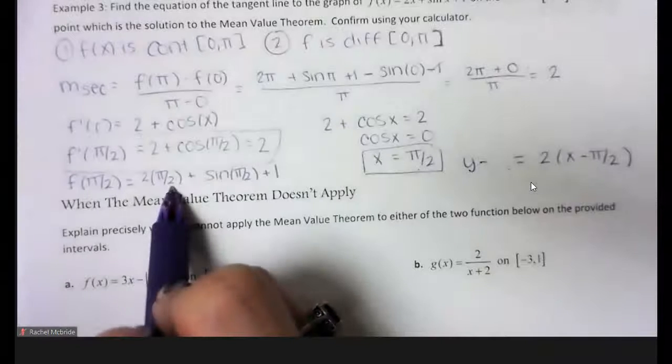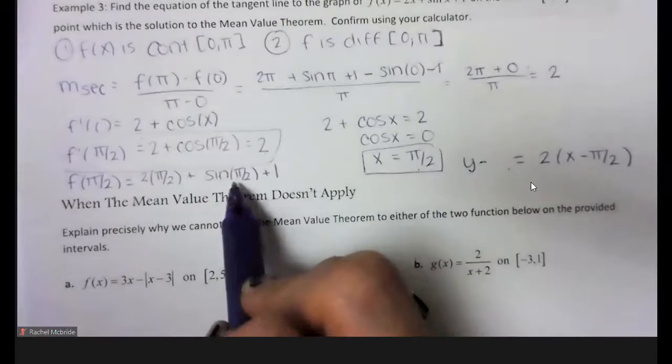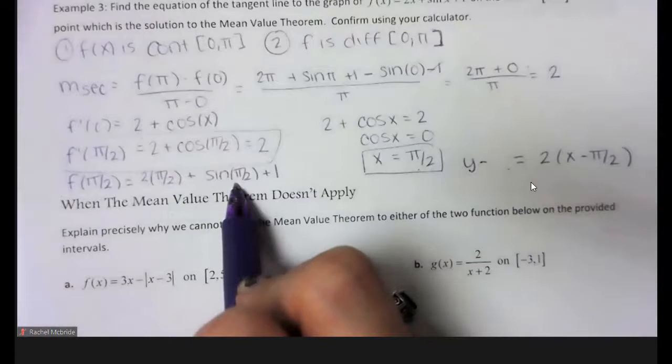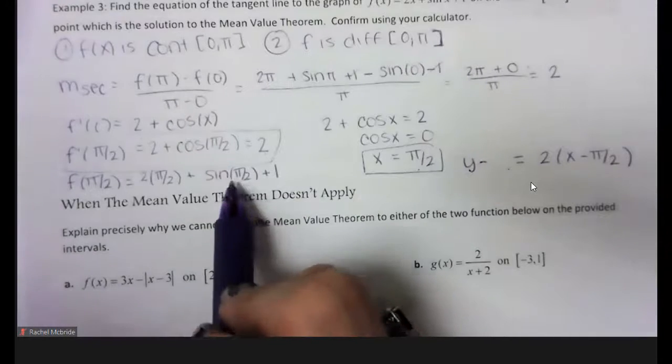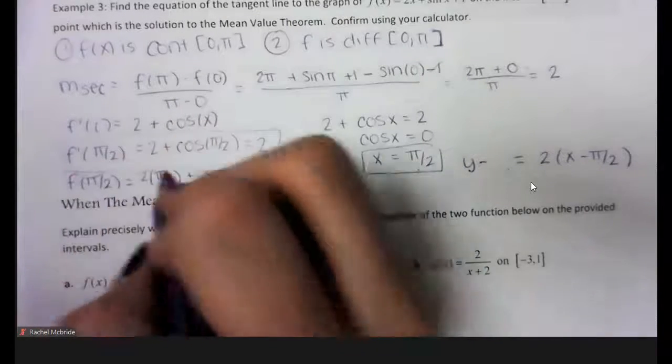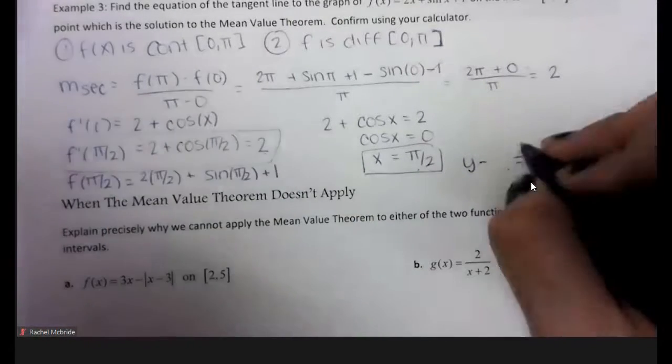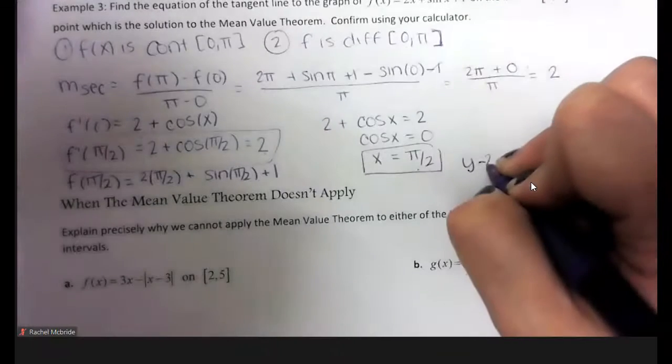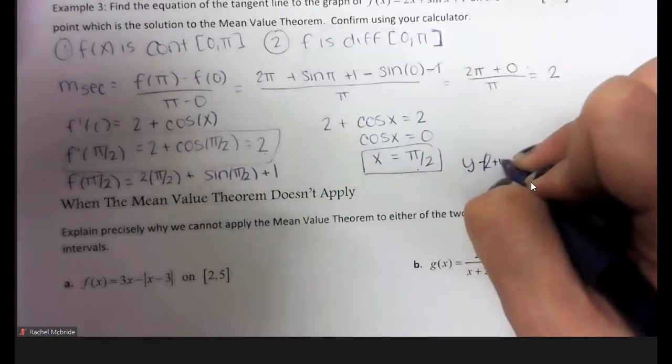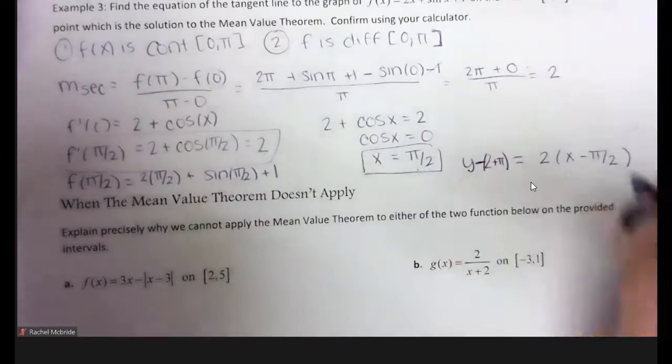So 2 pi over 2 becomes pi. Sine of pi halves is 1. So 1 plus 1 is 2. So you get 2 plus pi for your y value.